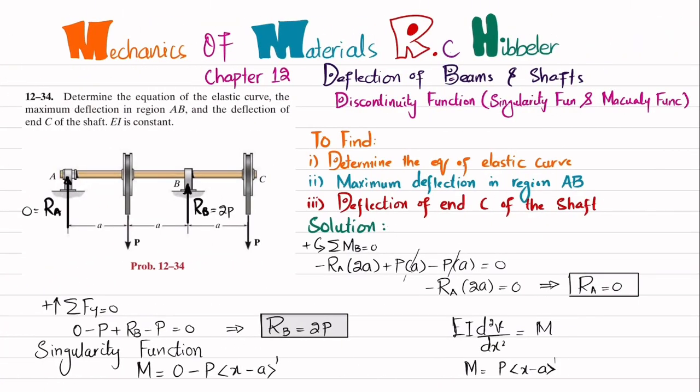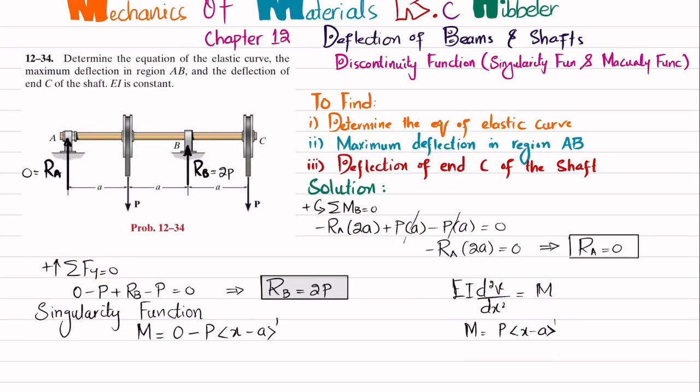Okay. Now the third moment is due to this R_B force, and R_B force is upward. So plus 2P into (x minus 2a). So this is the equation of moment, and we will leave the right term and neglect it.